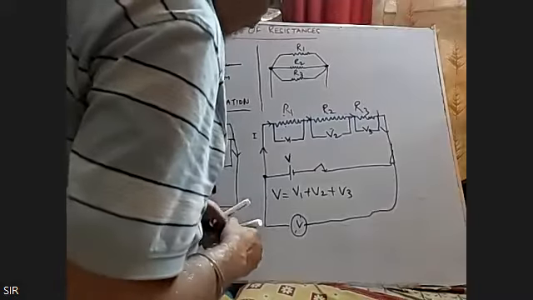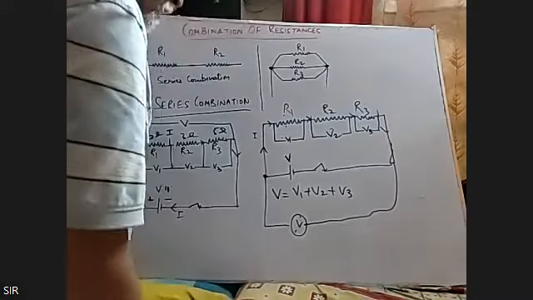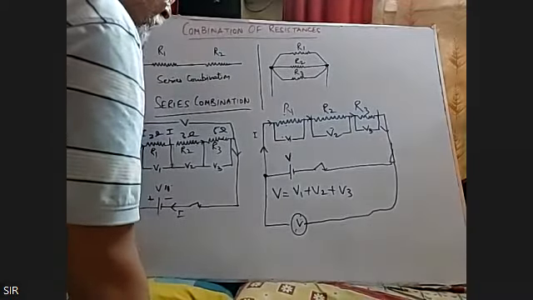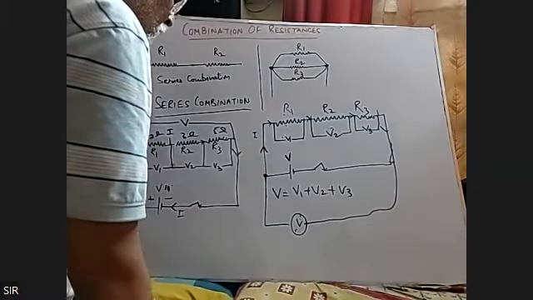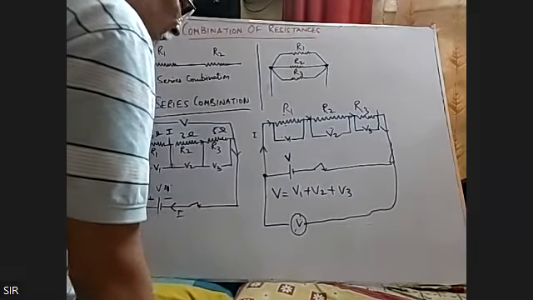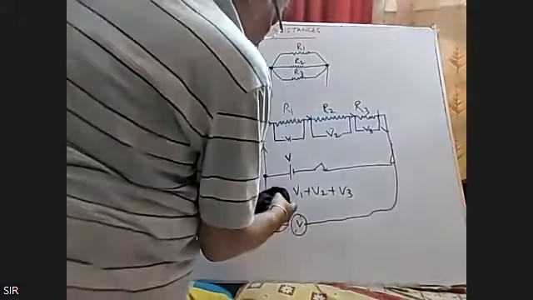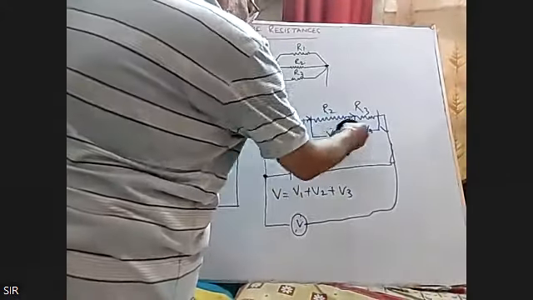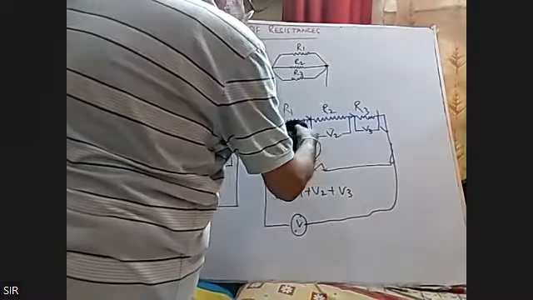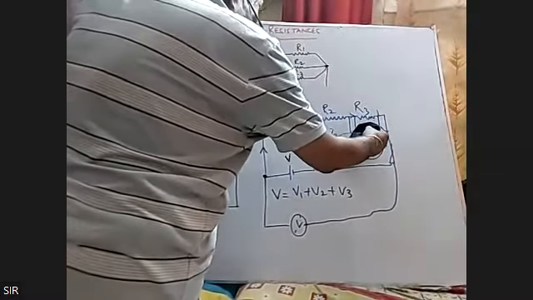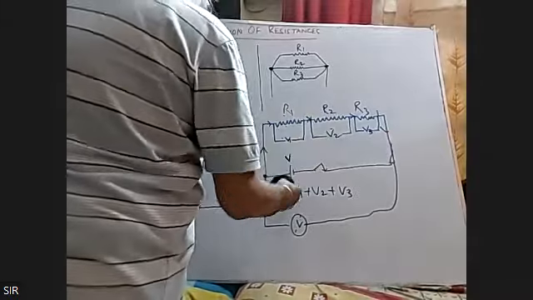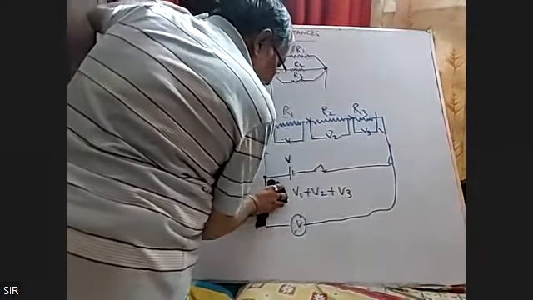Is that clear? If you put a voltmeter around a bulb in the circuit, there will be a potential drop there also. Definitely, the potential is dropping. But if you add those potential drops, it is equal to the electromotive force, EMF.